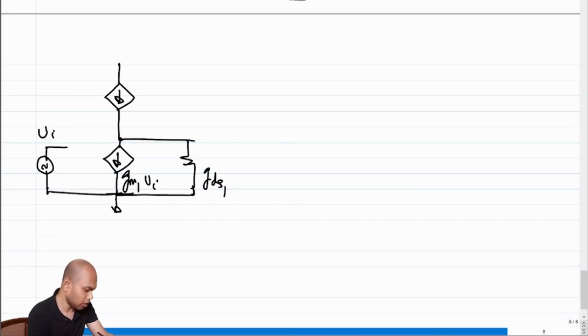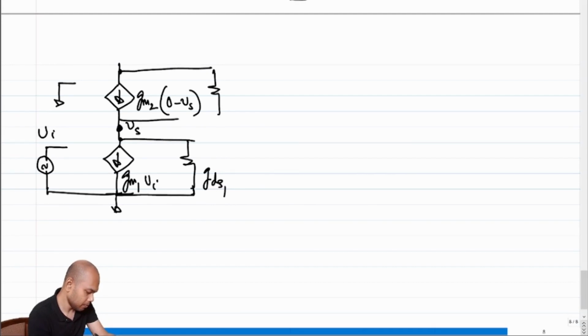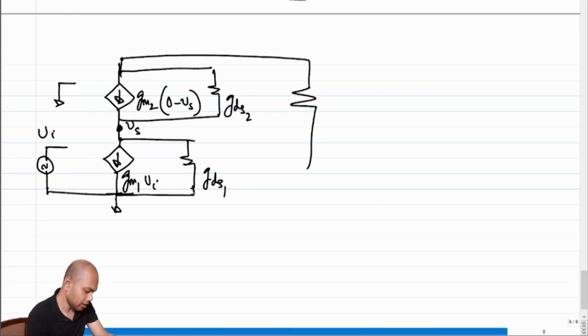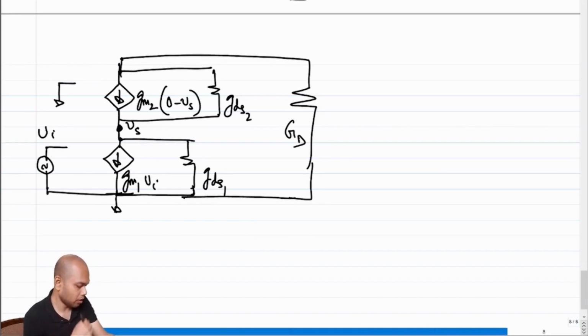You have a current buffer on top, where the gate of the current buffer is grounded. This we call Vs. This will be Gm2 times 0 minus Vs. Similarly, you will have a GDS2, and then you will have this RD or GD connected between the output side of the current buffer and ground. And this is the V0 that we are getting.